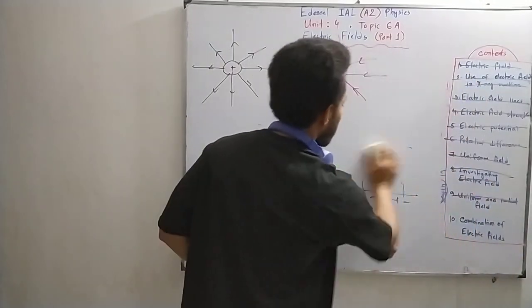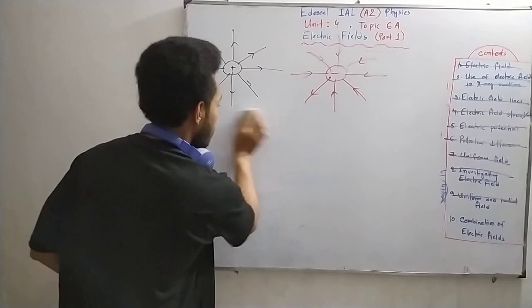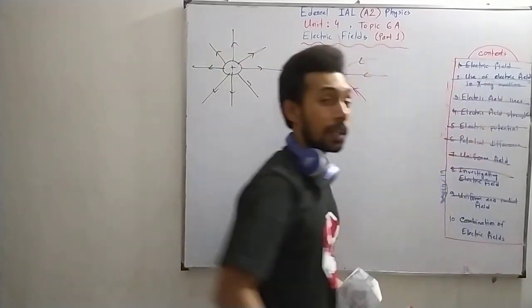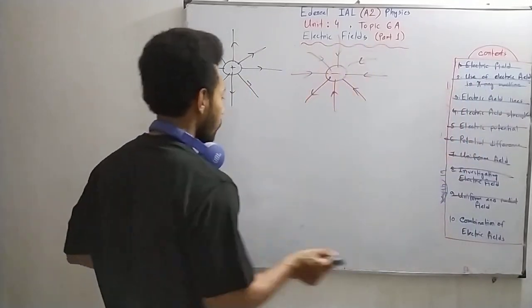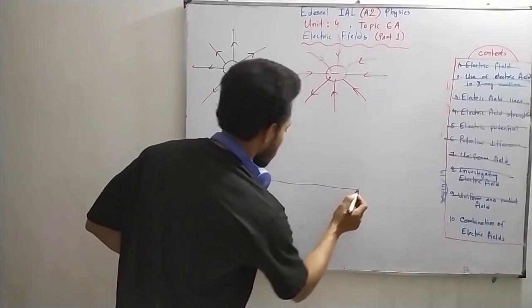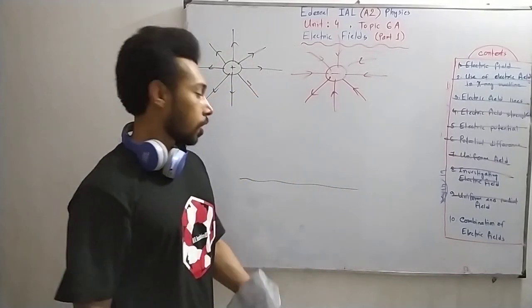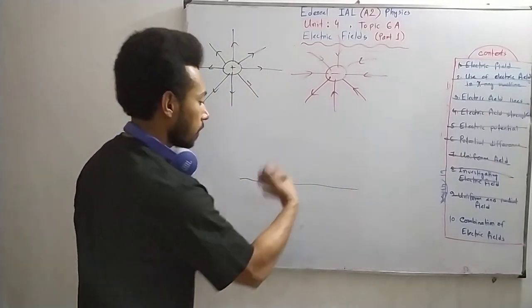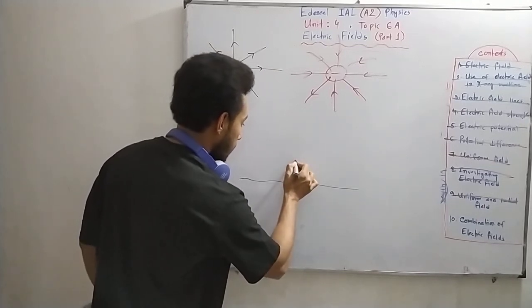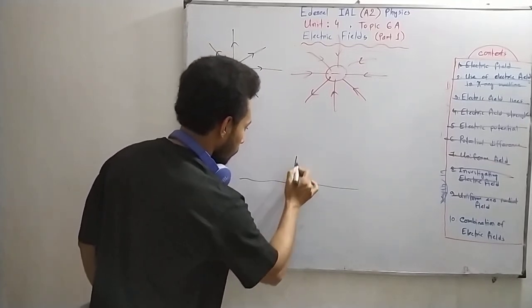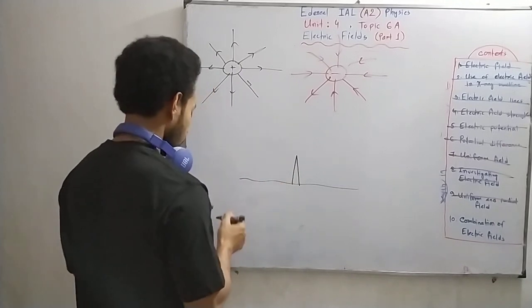And now we'll be able to understand how a lightning conductor works. Okay, suppose this is the rooftop of a building, and the building has a lightning conductor which is spiked actually.